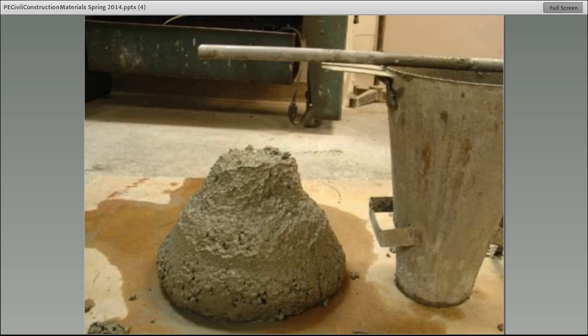Here is the slump. Many of you, all of you may have seen this, but basically what we do, we have a standardized slump cone, which is 12 inches high, and we place the concrete in the cone, we remove the cone, and then let the concrete slump. And we measure how much the concrete actually slumps, and that would be this measure right here. So whatever that is, we call the slump of that concrete. And think about it. The overall dimension is 12 inches.